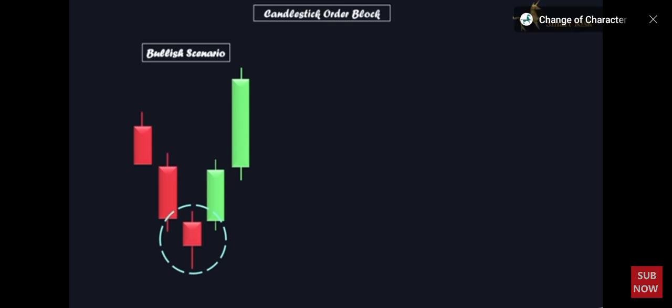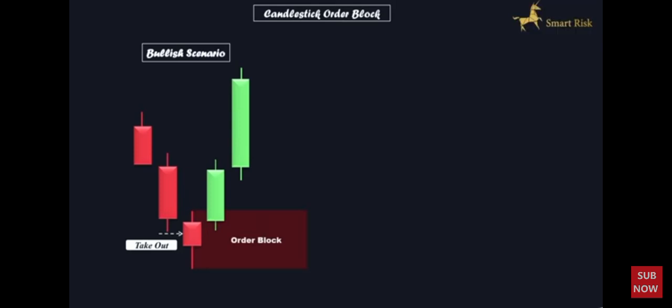This candle typically breaks below or effectively sweeps the liquidity of the lowest point of the previous candle. For example, in the bullish diagram, we identify this red candle as a valid order block. It serves as the last bearish candle before the price initiates a drastic upward movement, having taken out the lowest point of the previous bearish candle and effectively swept its liquidity.